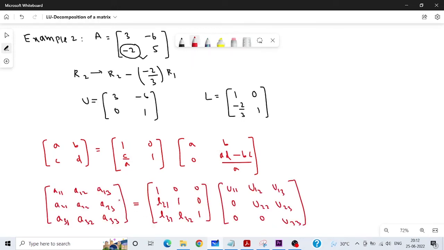For 3 cross 3 matrices, one may consider A equals L into U, where L is a lower triangular matrix with the diagonal entries fixed as 1 and U is an upper triangular matrix.